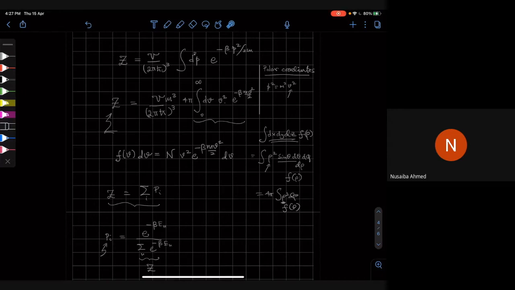All right, you should chew on that. So we are defining this to be the probability distribution over the speed. This is the Maxwell-Boltzmann distribution. We haven't solved it yet, but this is the Maxwell-Boltzmann distribution.